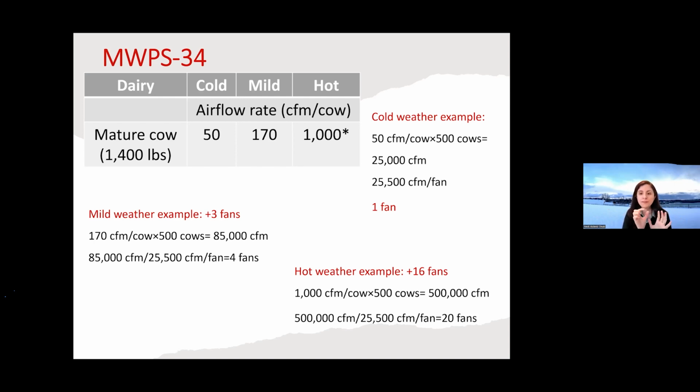If you choose the one in the center, it will just pull all air from the feed alley and your cows on the side will not get any fresh air. If you pull air from the right side, then the left side will be suffering. If you pull air from the left side, then the right side will not be happy. So it is not possible to achieve that ventilation with only one fan. I mean, we can achieve the ventilation rate, but the air will not be distributed evenly.